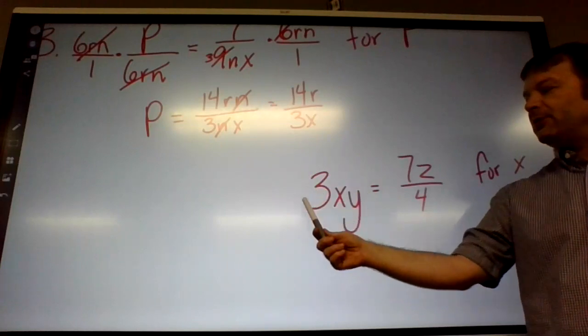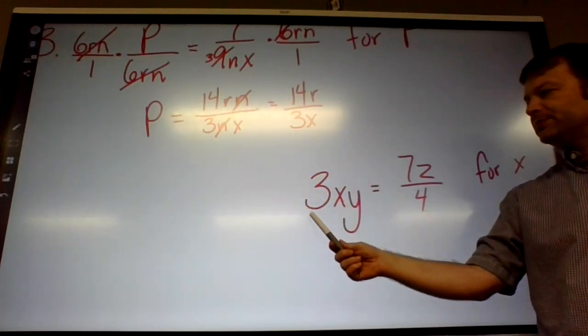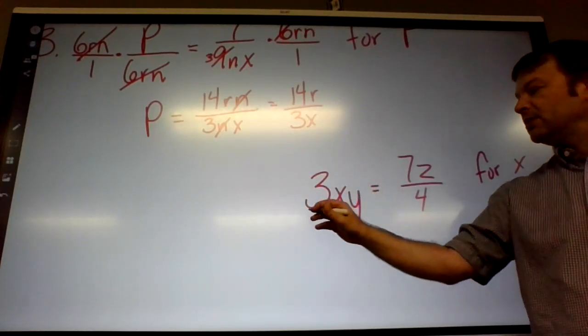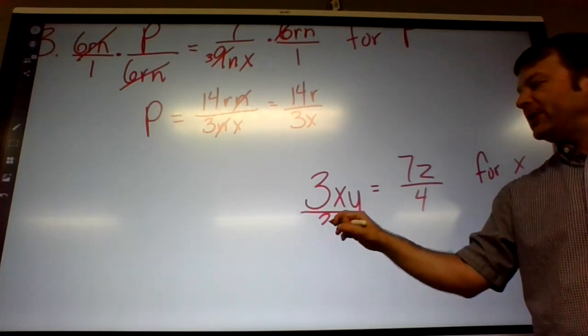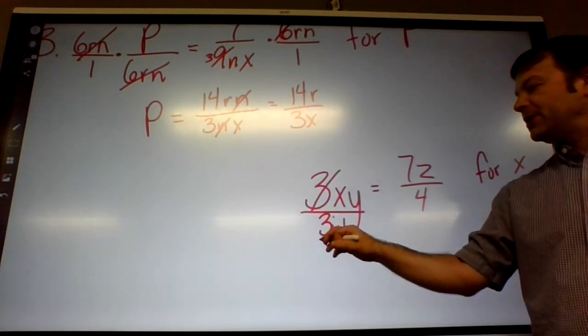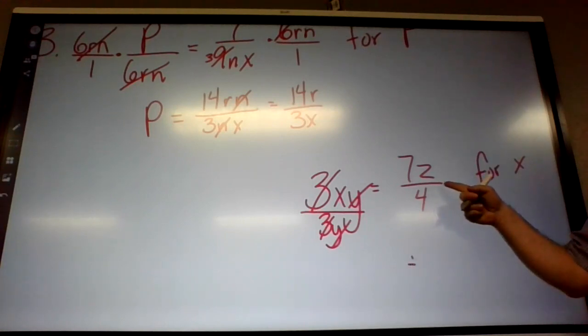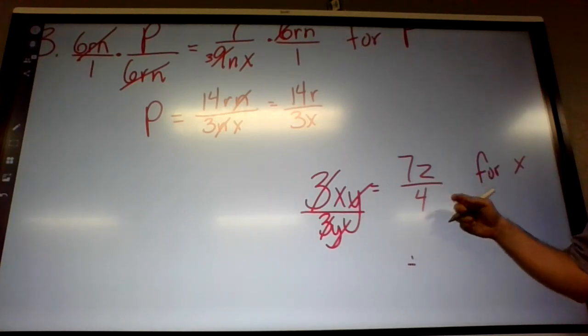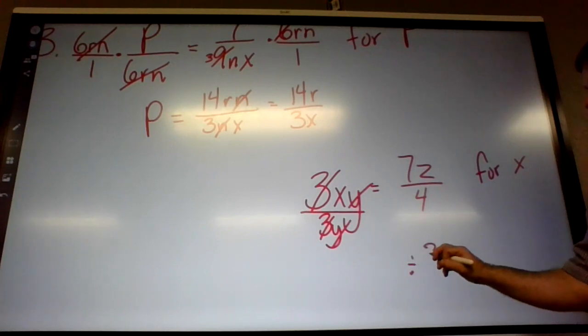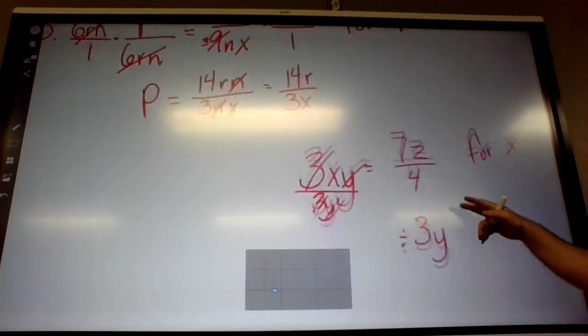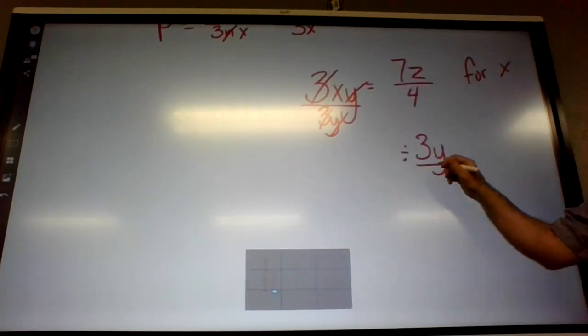How would I solve this for x? Okay, you would have to divide by 3y. Here's the thing though. How do I divide this by 3y? Multiply by 1 over 3y. What's 3y as a fraction? 3y over 1.